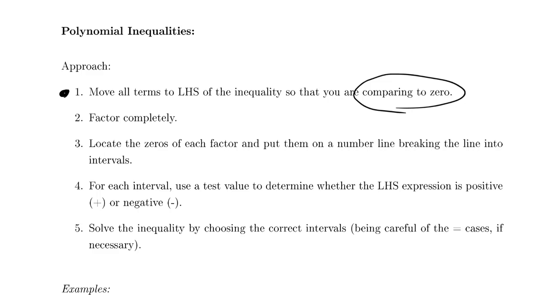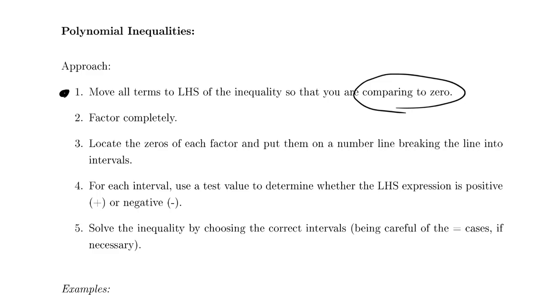We want to compare to 0 because if you're talking about an inequality, then the easiest numbers to classify are negatives, 0, and positives. So it's clear when a number is less than 0, it's negative. It's clear when a number is greater than 0, it's positive. So it makes it easiest if we're always comparing to 0.